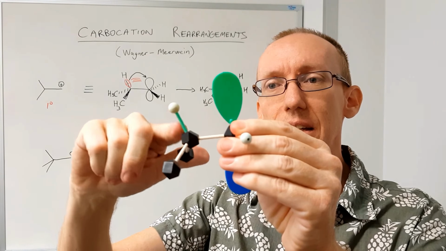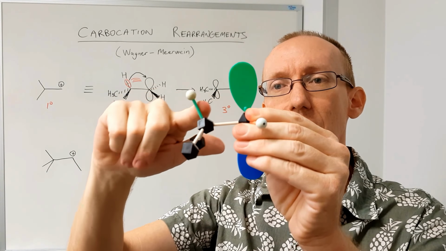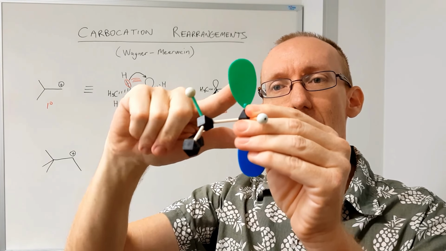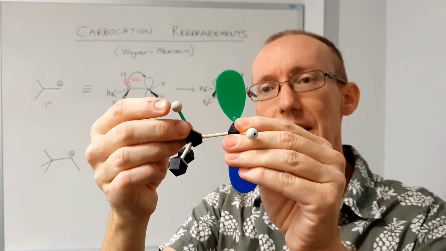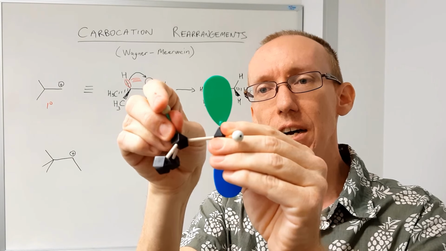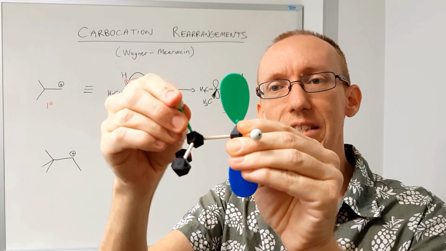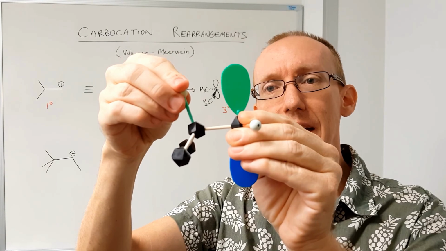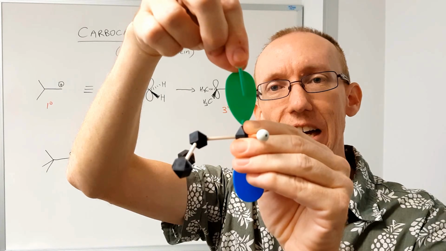And that CH sigma orbital is helping to stabilize that carbocation by overlap of that pair of electrons with that empty p orbital. Now what could happen is that hydrogen can actually, instead of just helping to stabilize through that sigma p overlap, migrate with its pair of electrons to form a new bond to that carbon there.